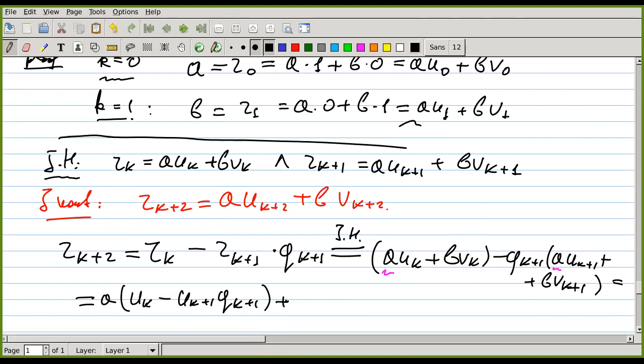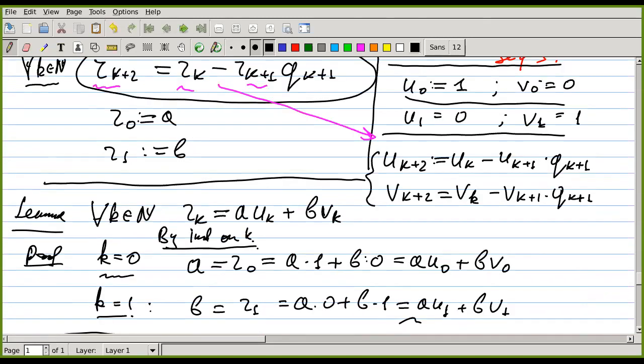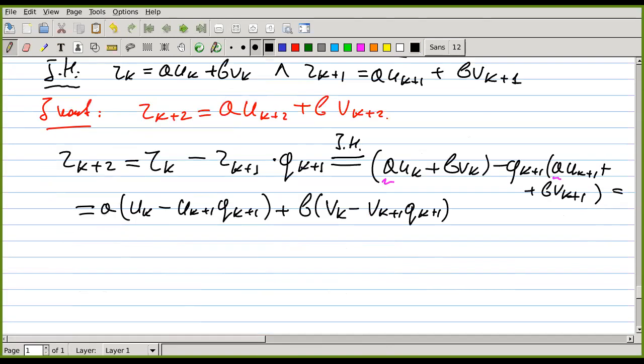Likewise, we have here B multiplied by VK minus VK plus 1 multiplied by QK plus 1. Is it clear? Yes. And now let's look at the definition of our U sequence and V sequence. By the definition of these sequences, we have that this is exactly UK plus 2, and this one is exactly VK plus 2. Is it clear?